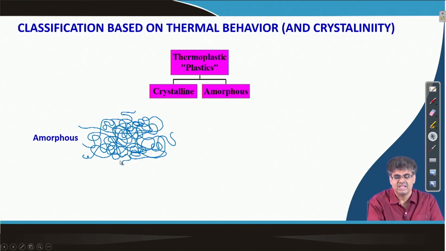The temperature above which it becomes softened is called the glass transition temperature, or Tg in short. That is the temperature above which we have to process this plastic material, and to give a particular shape we have to cool it down to room temperature.